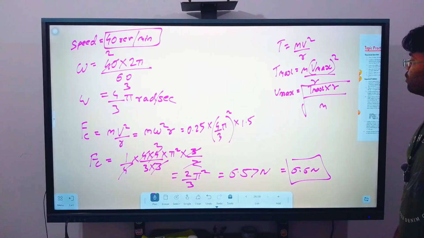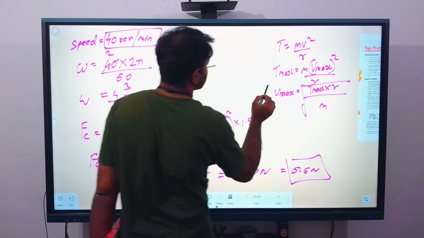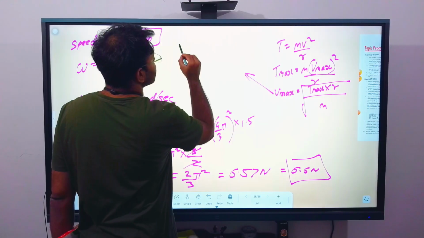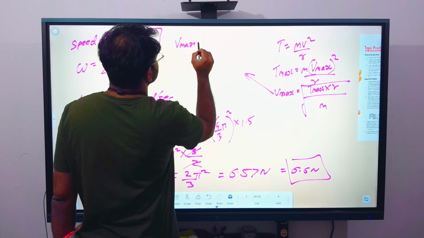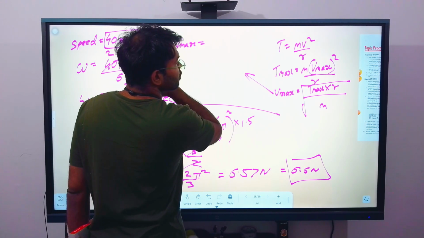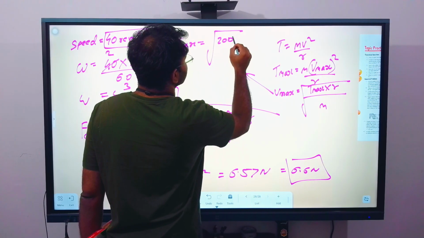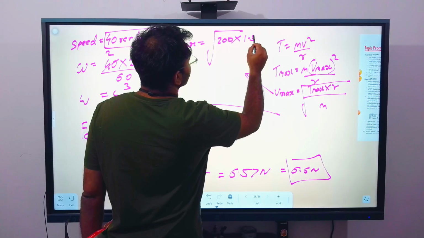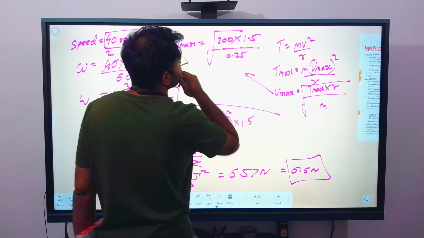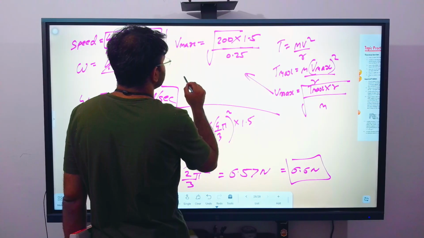Okay, so what do I get? V max is equal to root under 200 multiplied by 1.5 upon 0.25. Okay, so I'm just going to simplify this.